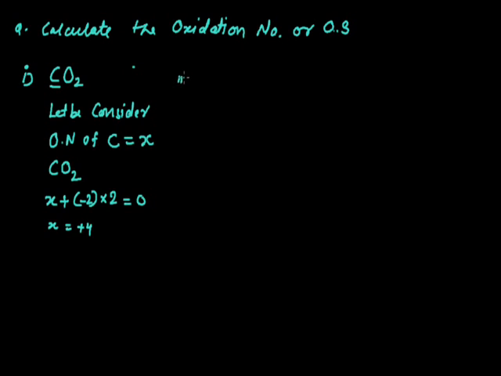Now the second example, Cr2O7 2 minus. This is the dichromate ion. Now we have to find out the OS of chromium in the dichromate ion.